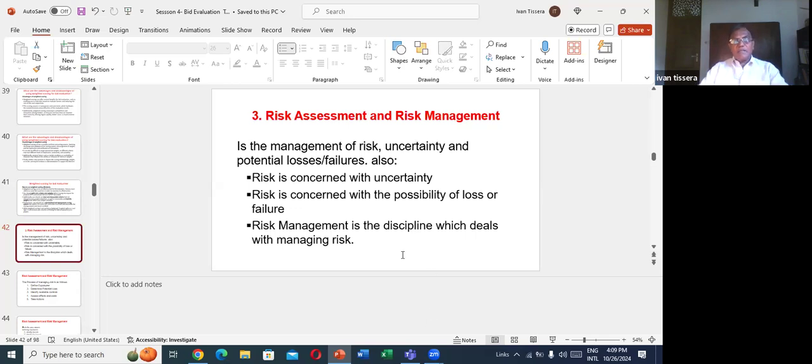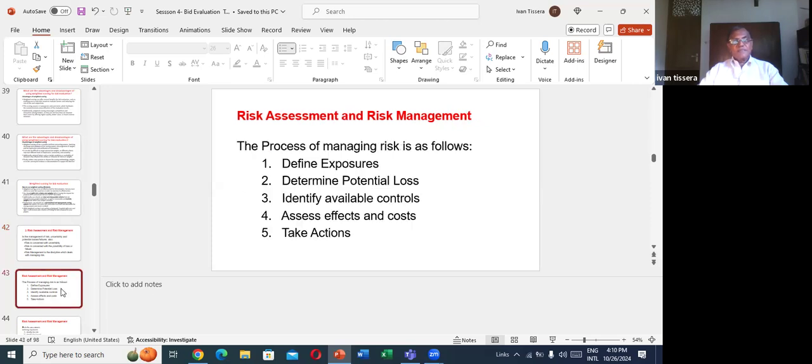Risk management is the management of risk, uncertainty and potential losses, failures. Risk is concerned with uncertainty. Normally, risk is the thing that is not certain. Risk is concerned with the possibility of loss or failure. Risk management is a discipline which deals with managing risk. So to manage risk, you have to consider risk as a factor.